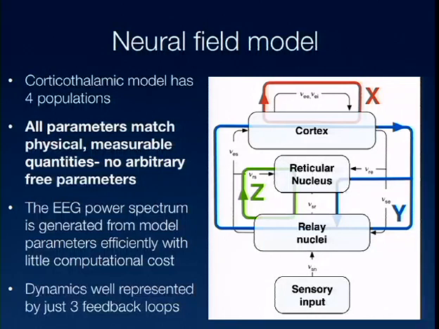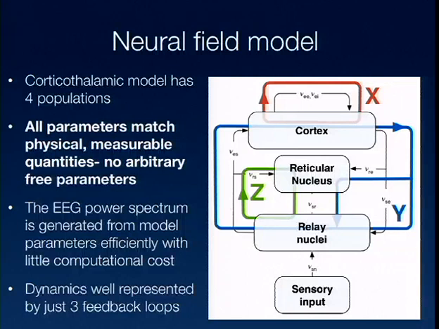We have a population of thalamic relay nuclei that receive sensory input and then relay it into the cortex, and then we have a thalamic reticular nucleus that has inhibitory projections into the relay nuclei, and therefore it can play a regulatory role in this corticothalamic network. So, for example, when you go to sleep and we have less sensory input going into the cortex, that can be produced by an increase in activity in that reticular nucleus.